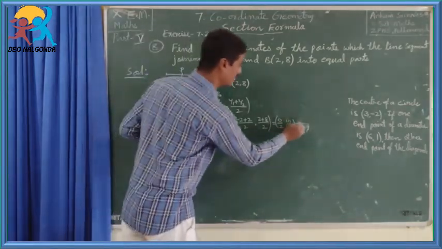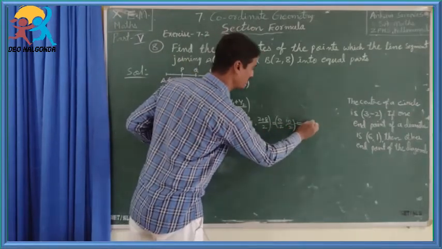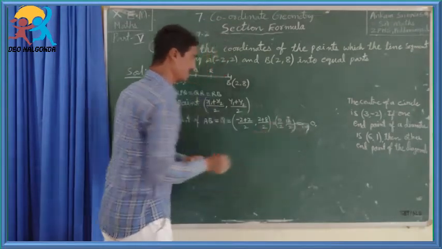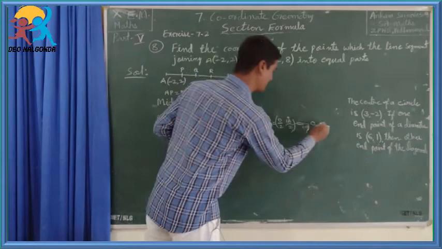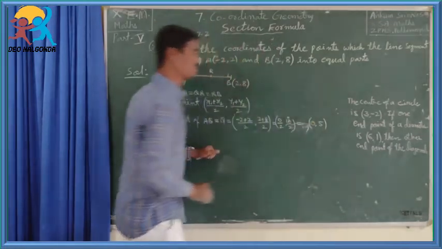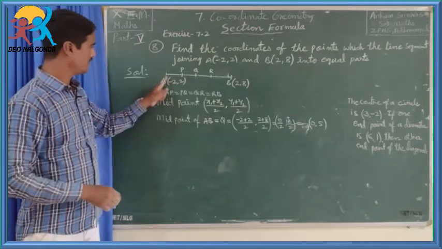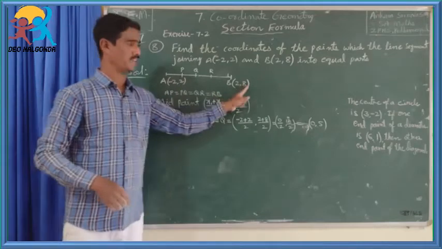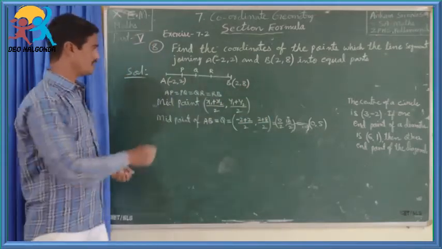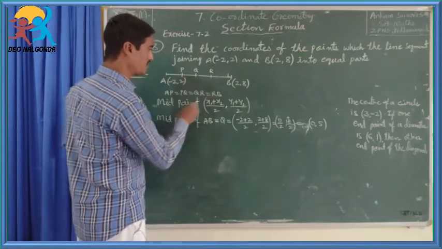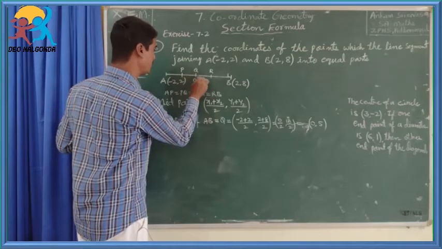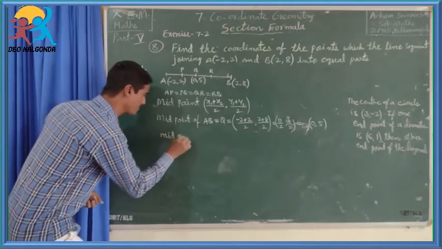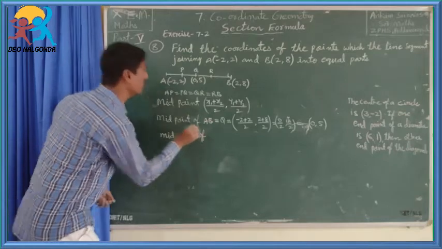The answer: 0 by 2 is 0, and 10 by 2 is 5. We get (0, 5). Now, what are the coordinates of Q? (0, 5). Now find the midpoint of AQ.